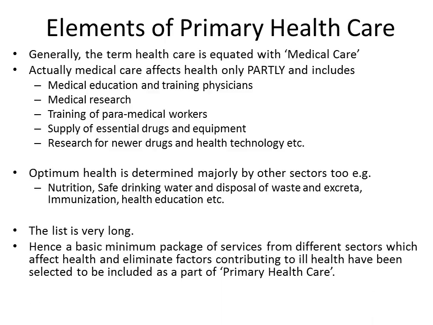Hence, a basic minimum package of services from different sectors which affect health and help in eliminating the factors contributing to ill health have been selected to be included as a part of primary health care. So when all these services are being provided, we say that primary health care is being provided. These services have been called the elements of primary health care.